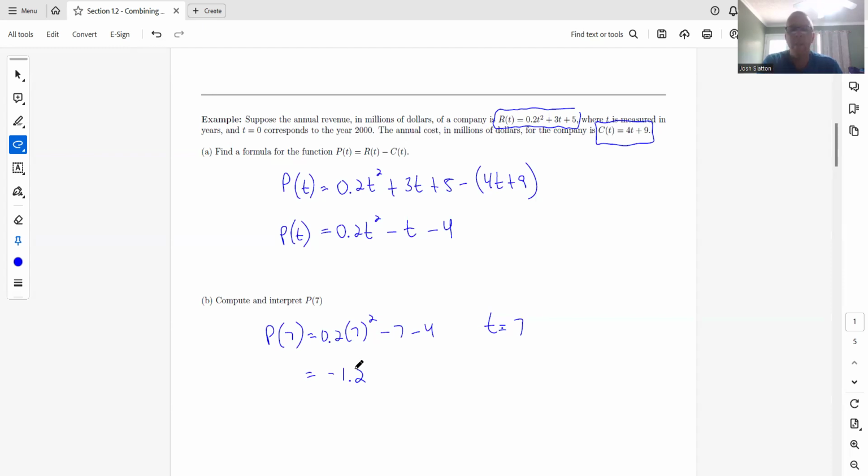So if t is 7, t is the years after 2000. So the interpretation would be: in 2007, the profit is negative $1.2 million.